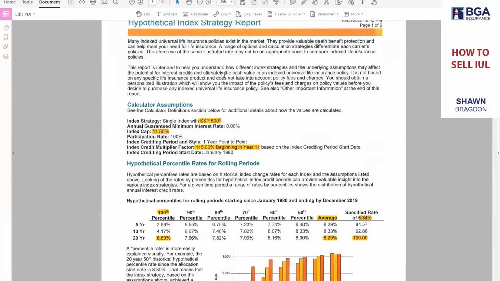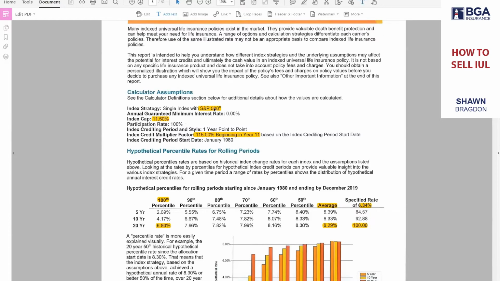This is an index strategy calculator that is available in our industry. It allows you to show the probability of achieving a particular rate of return on a particular index strategy. It's often referred to as a Monte Carlo analysis for an index strategy. In this example, we back tested an S&P 500 annual point-to-point index strategy. It has an 11.5% cap.